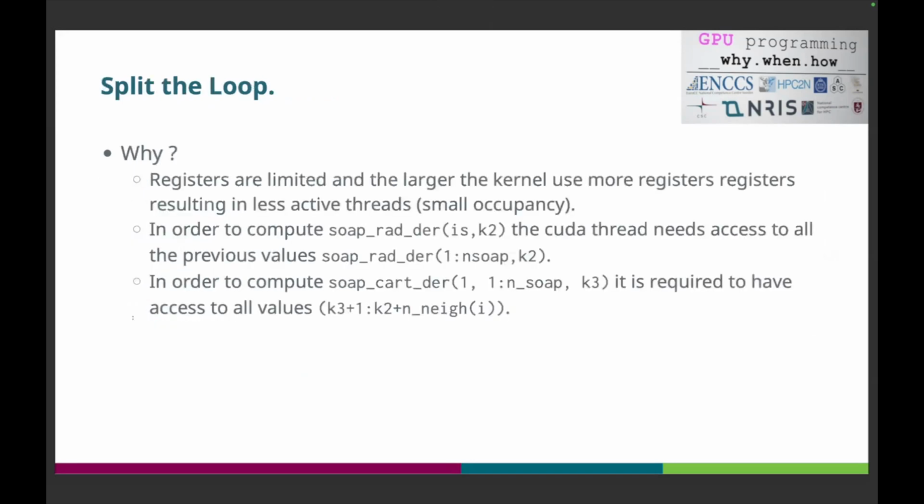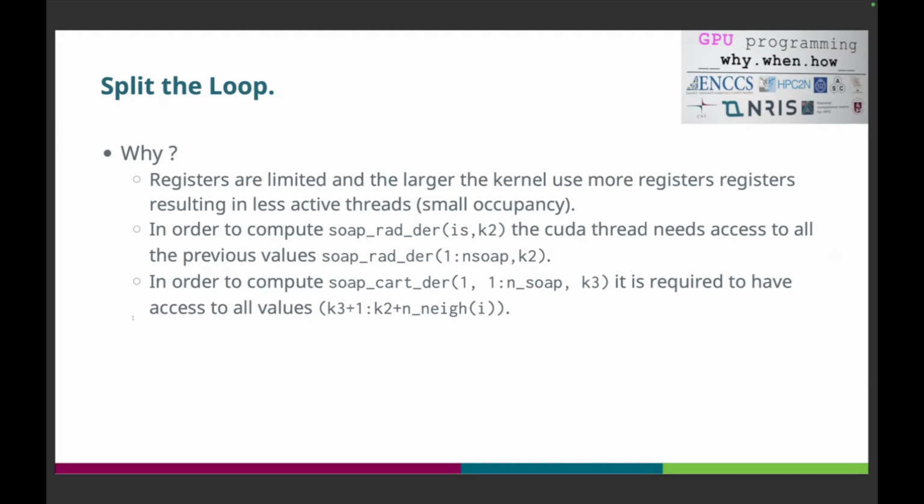Now, as I said, this is quite a long loop, and we can say that there are 3 parts of this loop. But if I had a kernel which does everything, there are so many variables that it's possible the CUDA threads will use too many registers, and when we use too many registers, it decreases the number of threads that can be active at the same time.